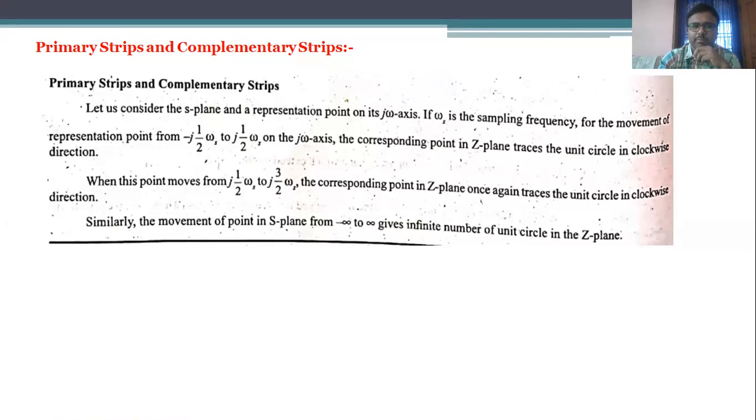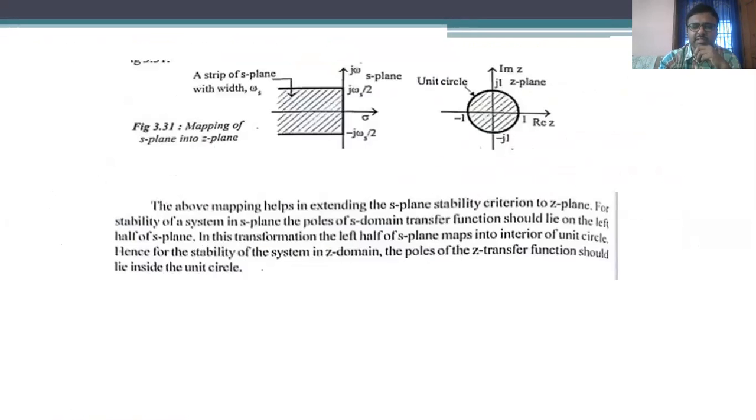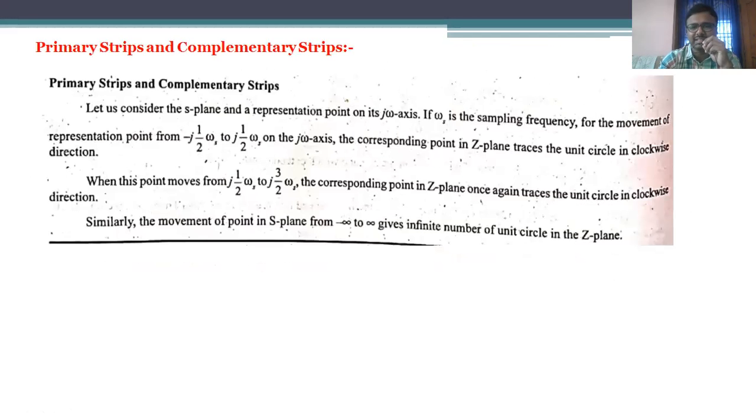That means if the stability region of the S plane is tracing between omega s divided by 2 to minus omega s divided by 2, this particular portion is going to be mapped to the interior part of the z-plane in the clockwise direction.